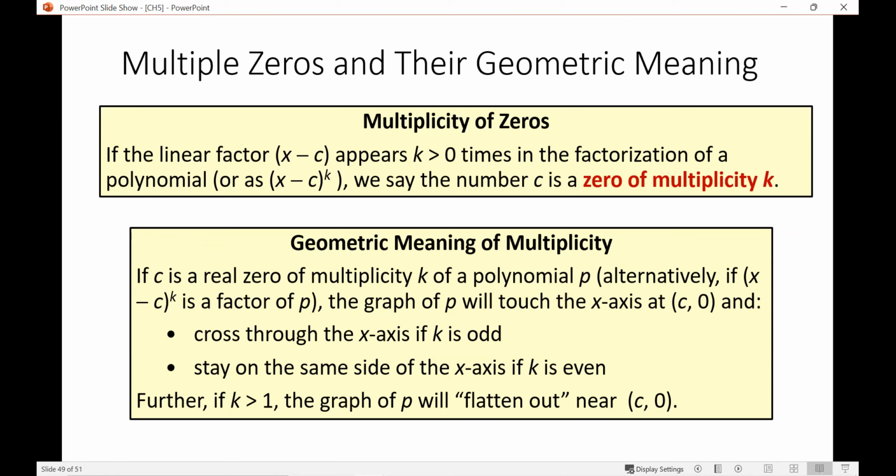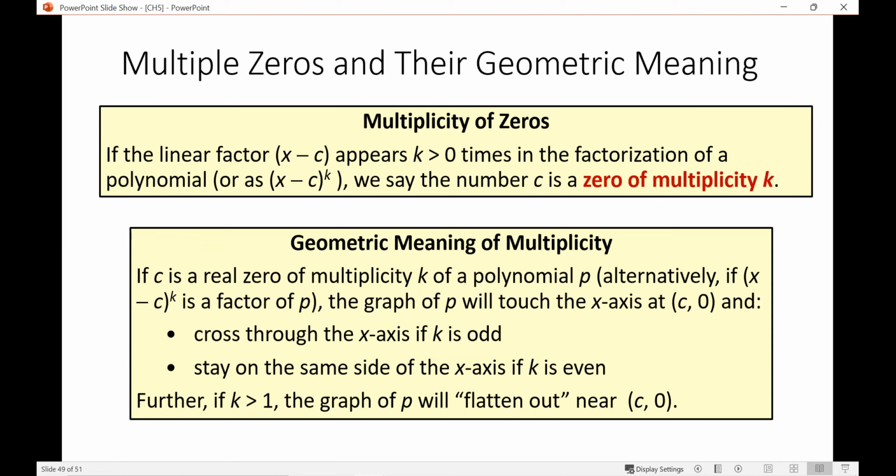Geometrically, when we have a repeat linear factor, the graph is going to touch the x-axis at that point. If the number of times that factor occurs is odd, we go through the x-axis.